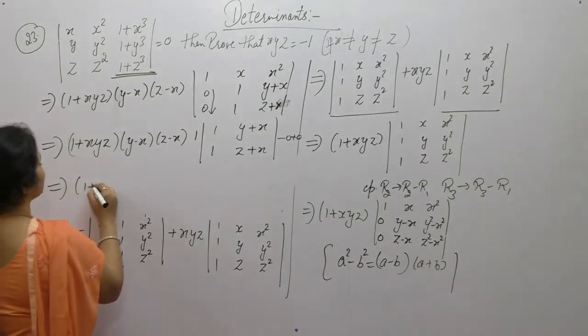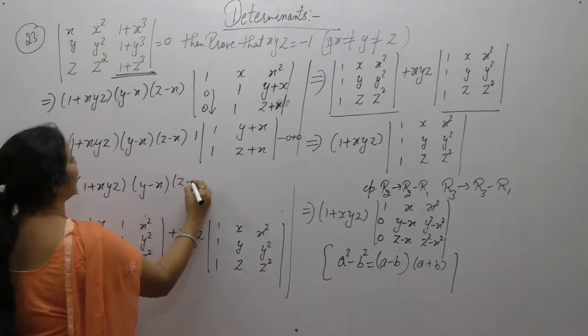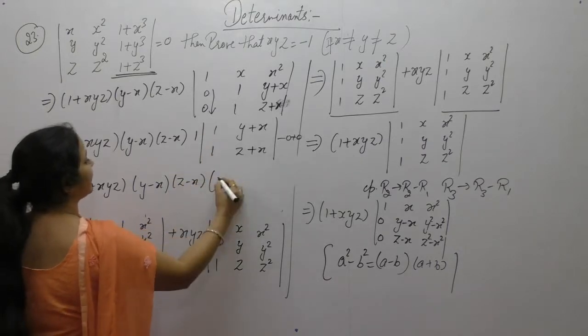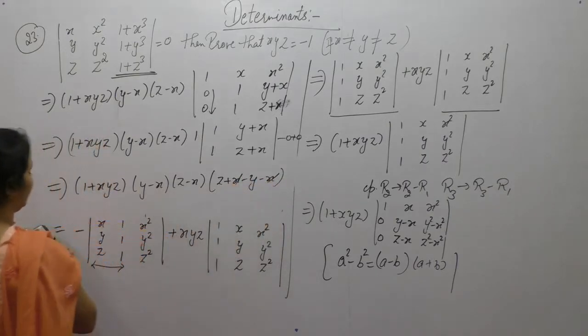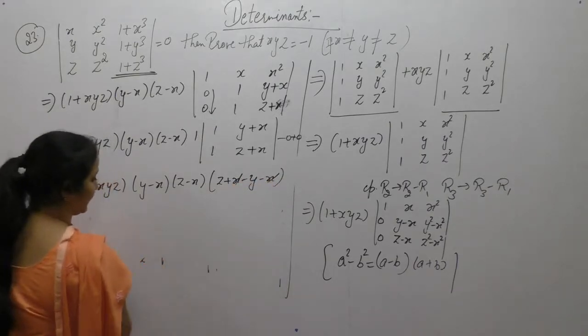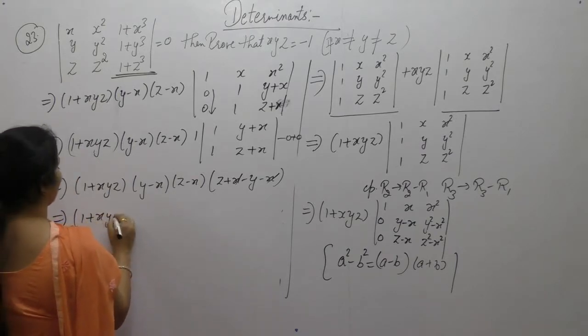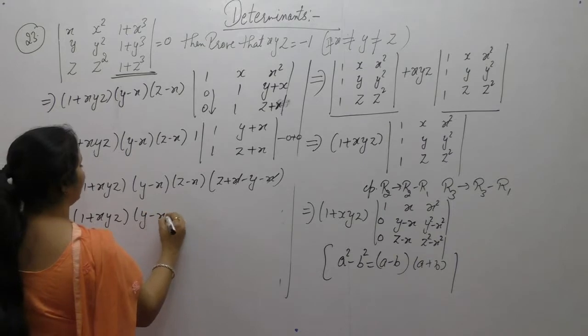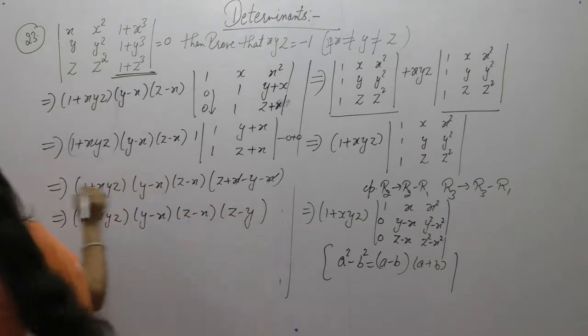So 1 plus xyz, y minus x, z minus x. Solve the determinant: z plus x minus y plus x, so we are left with z minus y. So it is 1 plus xyz, y minus x, z minus x, z minus y.